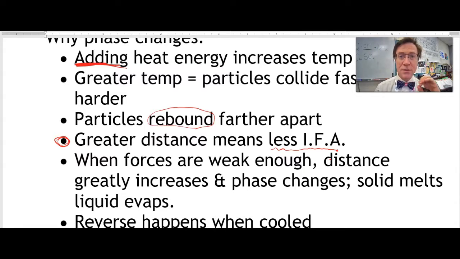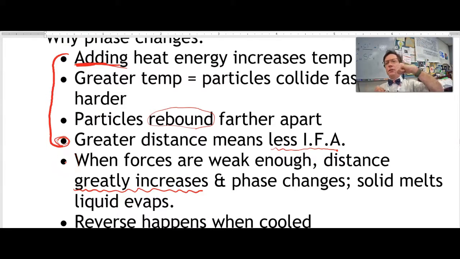Now, this goes until you hit this magical point where these intermolecular forces of attraction are weak enough that the distance greatly increases. Right? So all through here, when we're adding heat and things are going faster and faster, when they collide further apart, in terms of atoms and molecules, the space isn't really breaking apart too much, but it's like the springs are still holding them together.